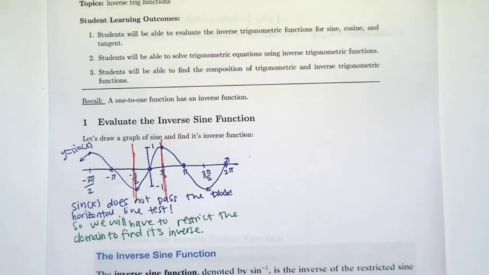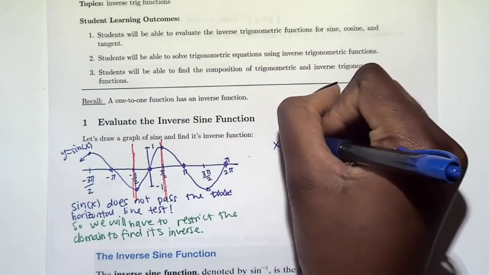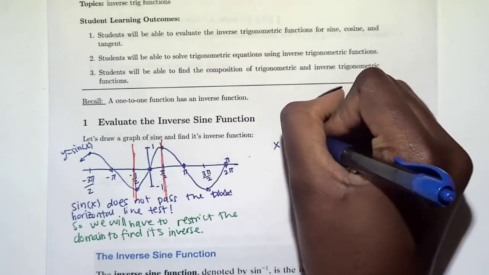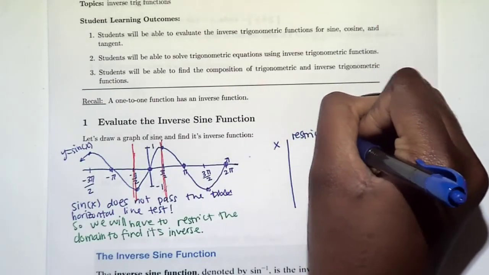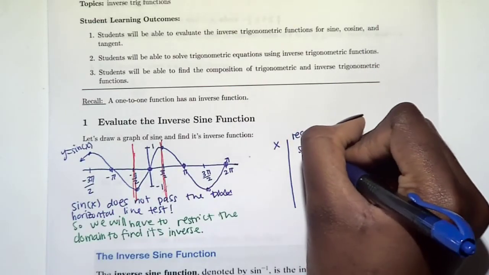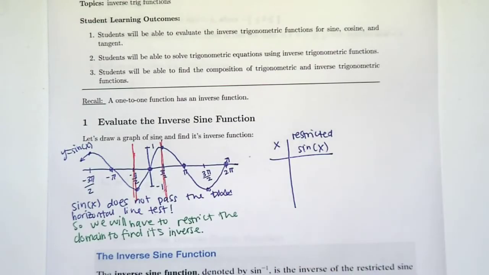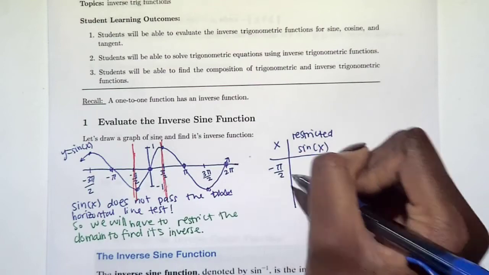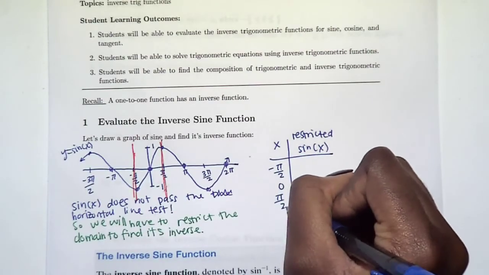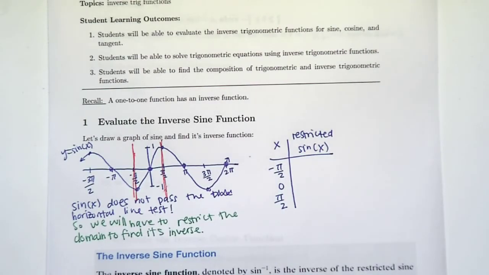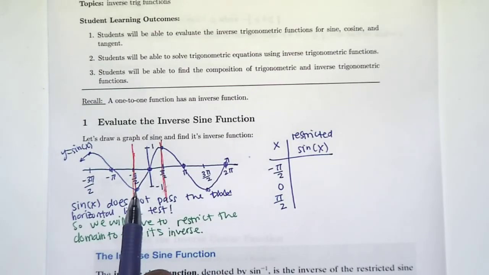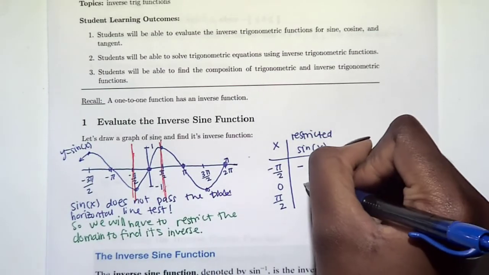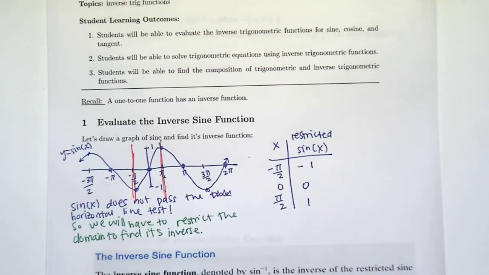Okay, and that's what we're going to call our inverse sine function. So let's do two xy tables. So let's do first our restricted sine function. Alright, so we're going from negative pi over 2 to 0 to pi over 2. And the function values here are -1, 0, and 1.